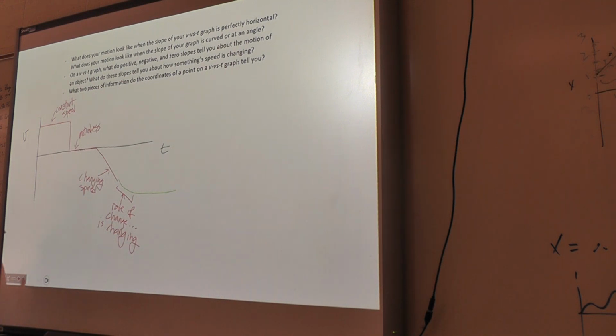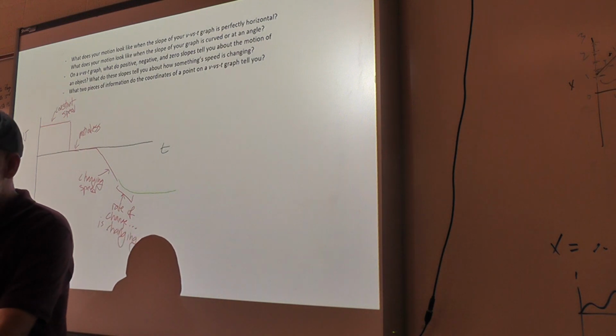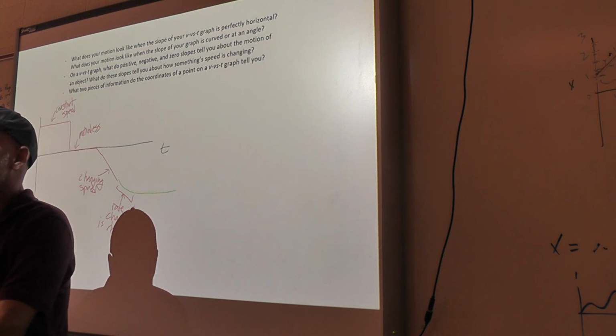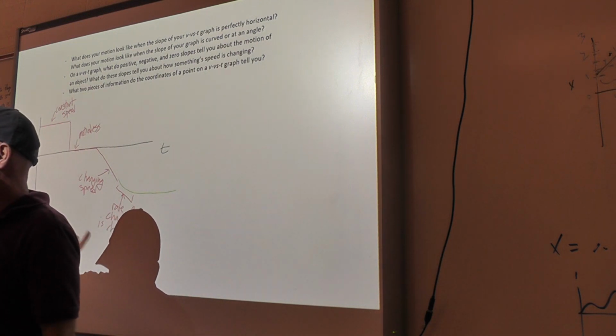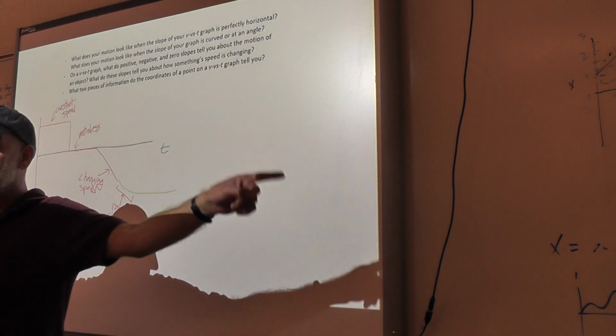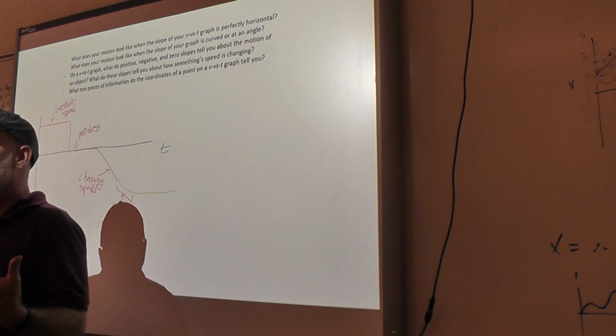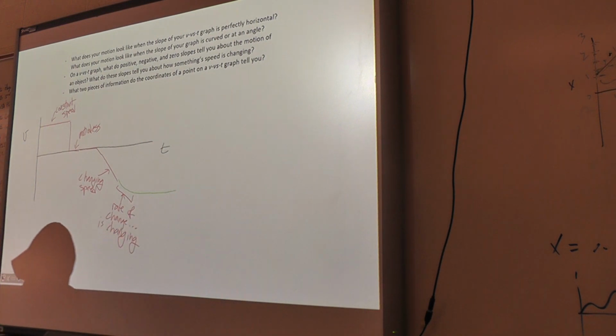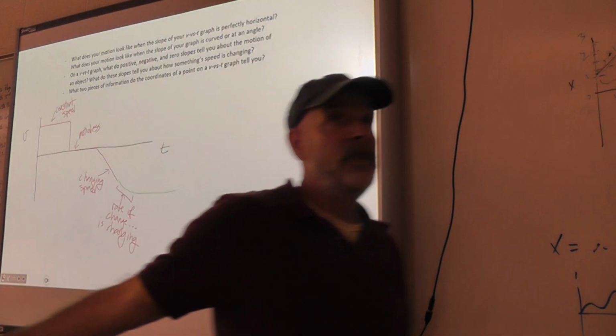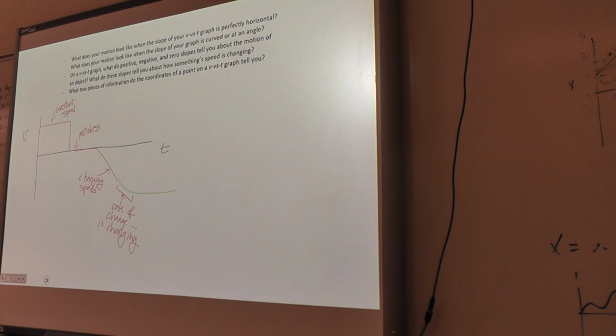If I were to use this little setup, this is my position zero, it's not a sensor, it's just a marker. If I say this is my positive direction and this is my negative direction, then 1 meter per second positive looks like this, and 1 meter per second negative looks like this. Same speed, different direction. I just walked by the sensor. I'm still moving in the negative direction now.